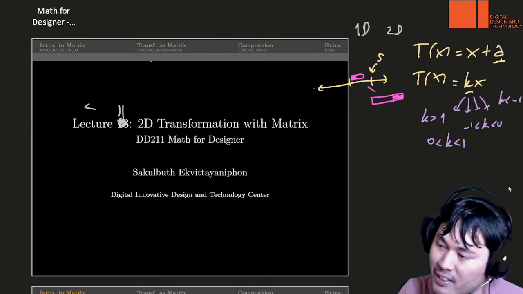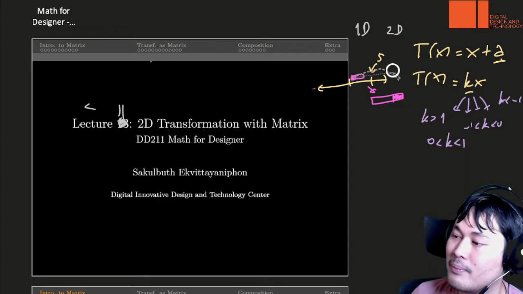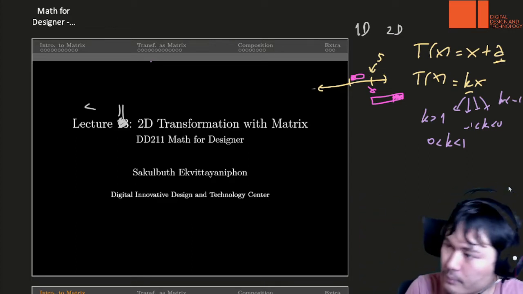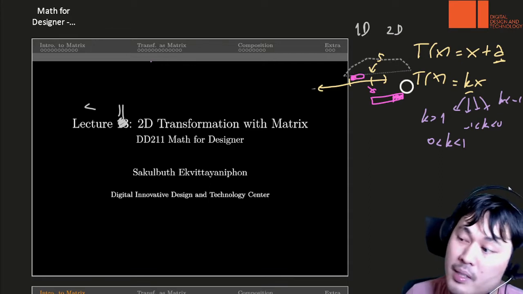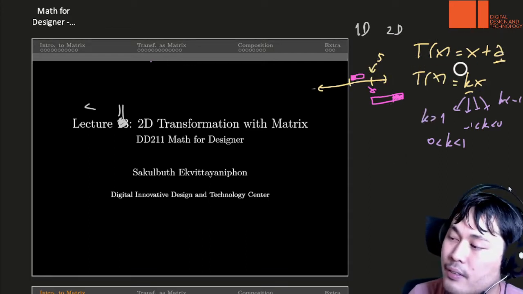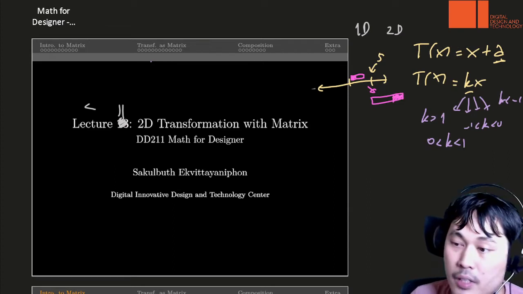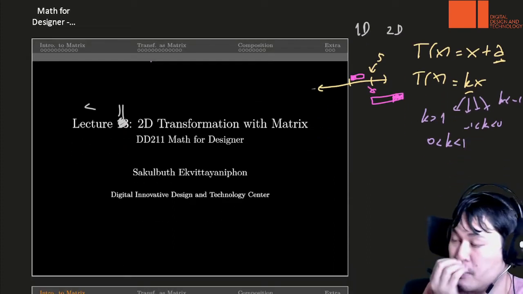So you can see that it flipped and scaled up at the same time. And that transformation can be described by just a single equation. So that's the world in one dimension.